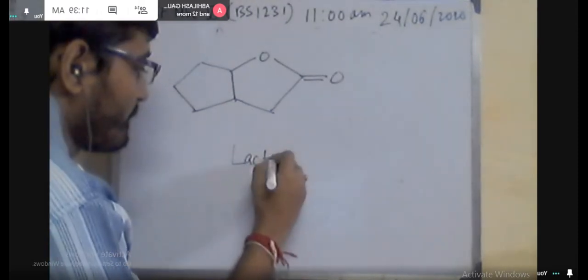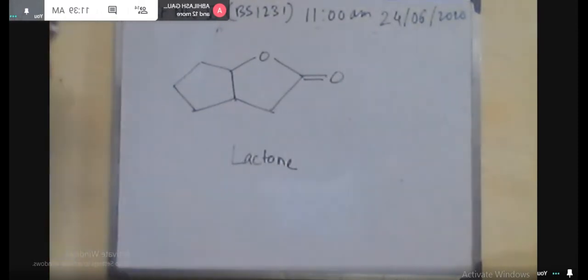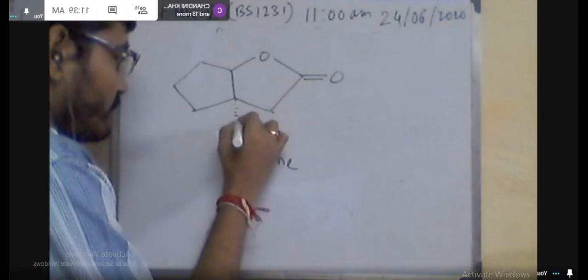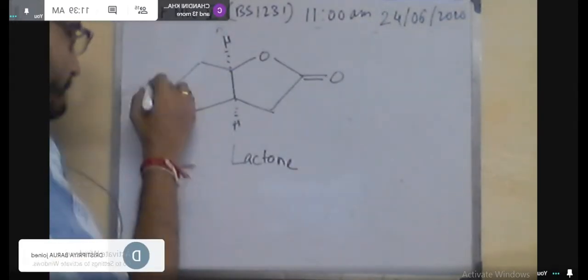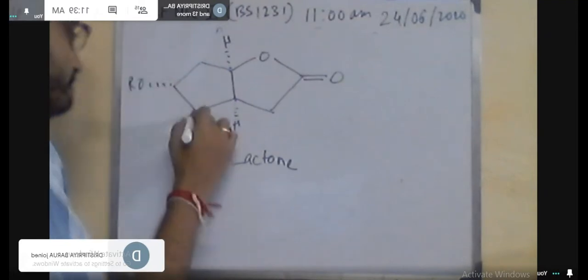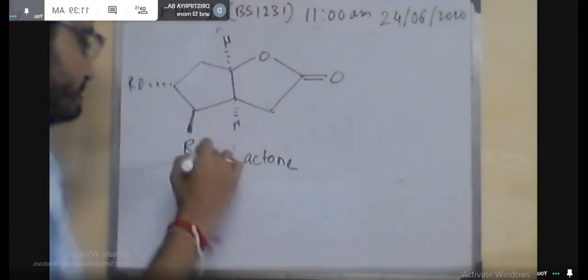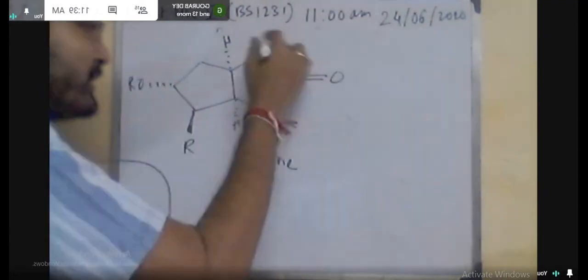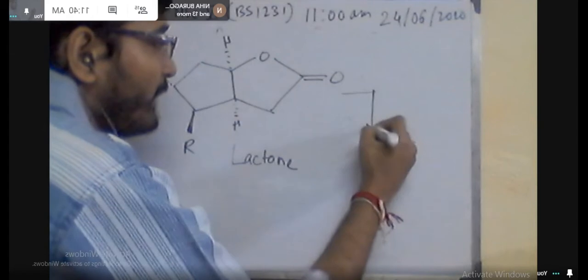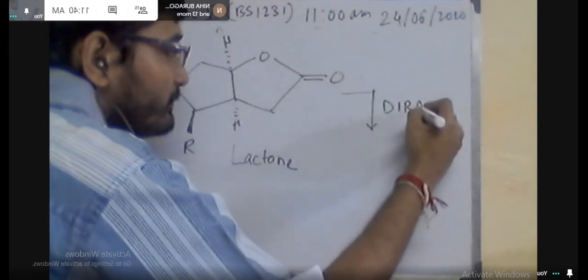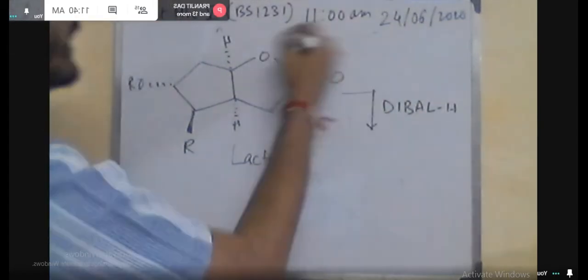Okay, but by using lithium aluminium hydride, you can't stop here. That means after formation of this, you can see that if this is the carbonyl residue and you use ROH, it can form a hemiacetal in the first step and an acetal in the second step.